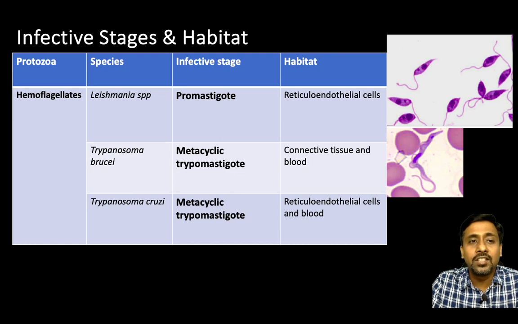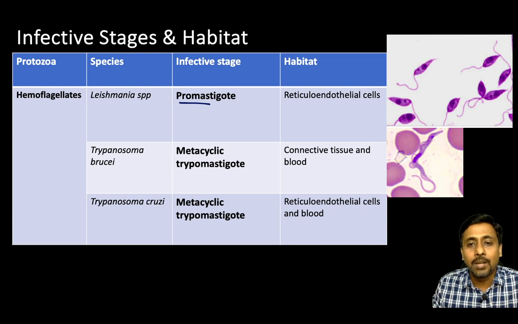Before seeing that, let's see where the hemoflagellates reside and what their infective stages are. For Leishmania, if you remember, there are only two morphological forms, amastigote and promastigote. Among these two forms, the promastigote is present in the insect vector, and this is the infective stage.